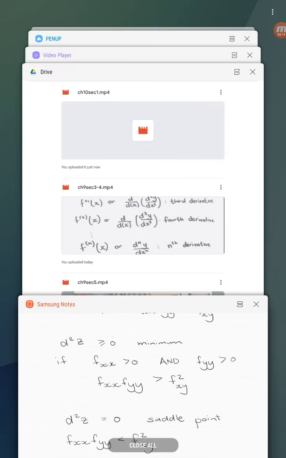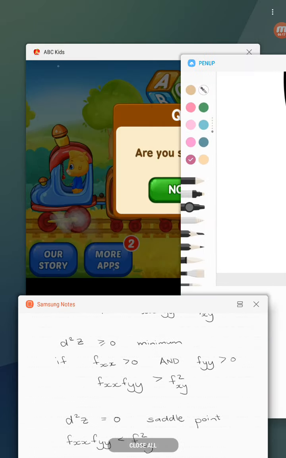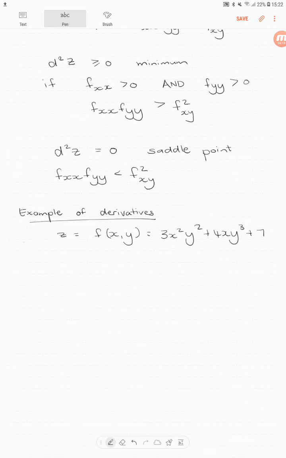So let's find the partial first and second order derivatives.